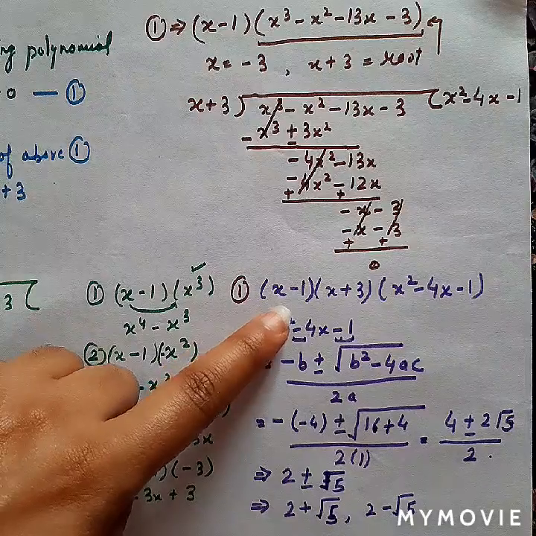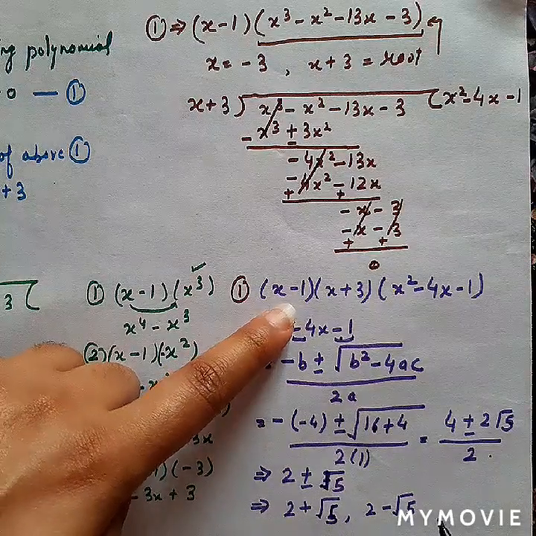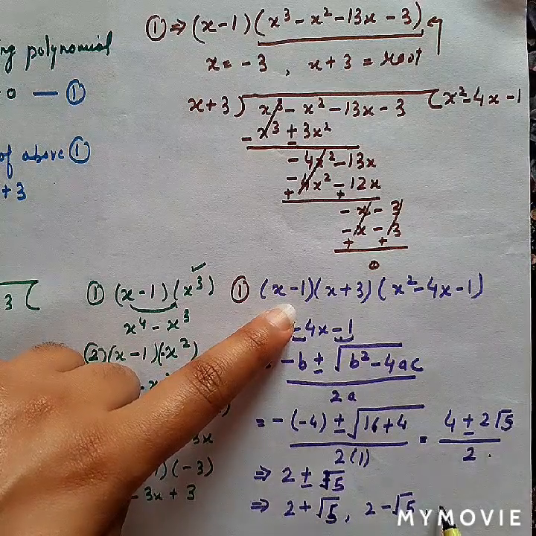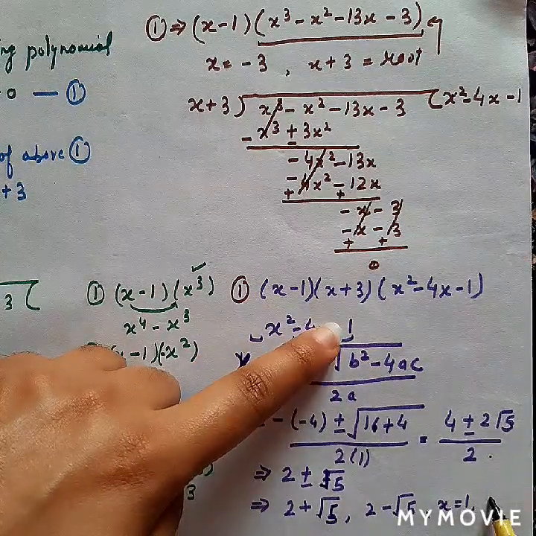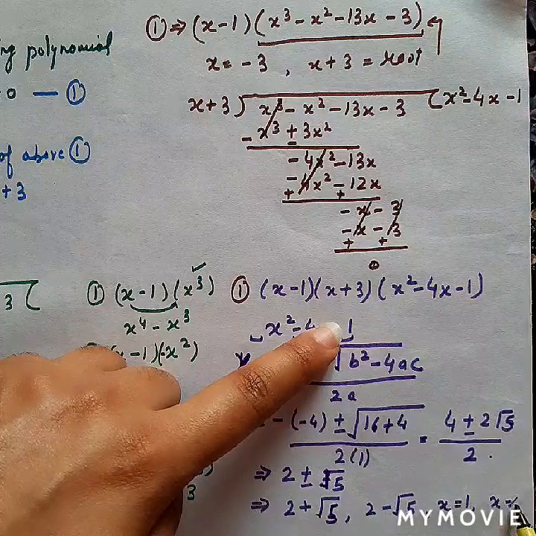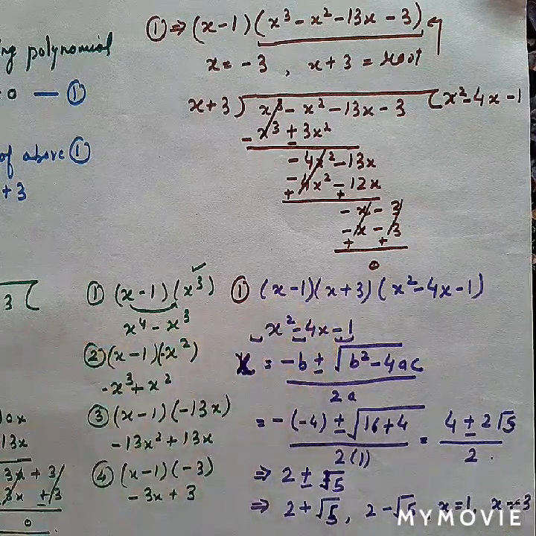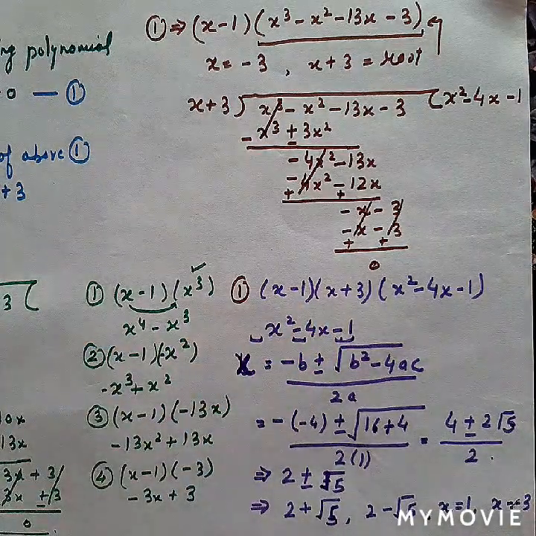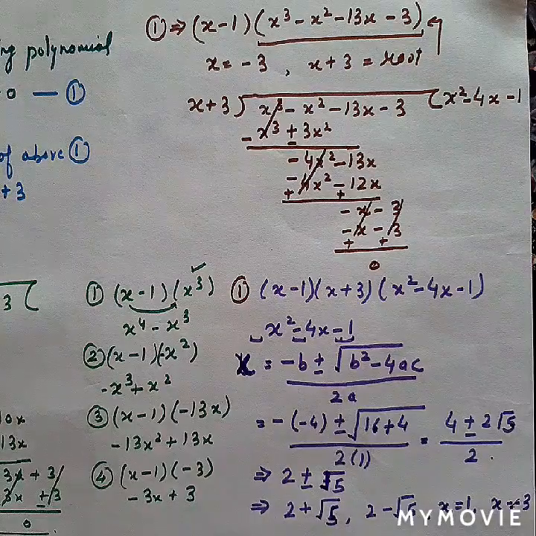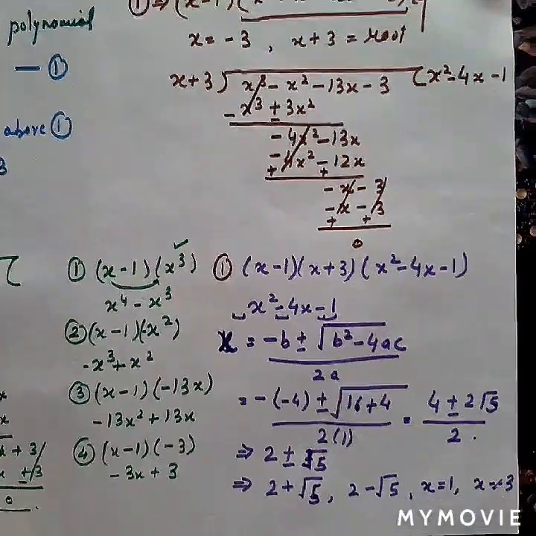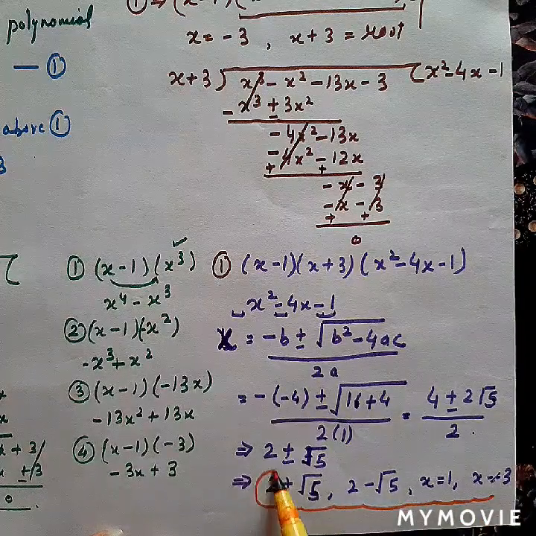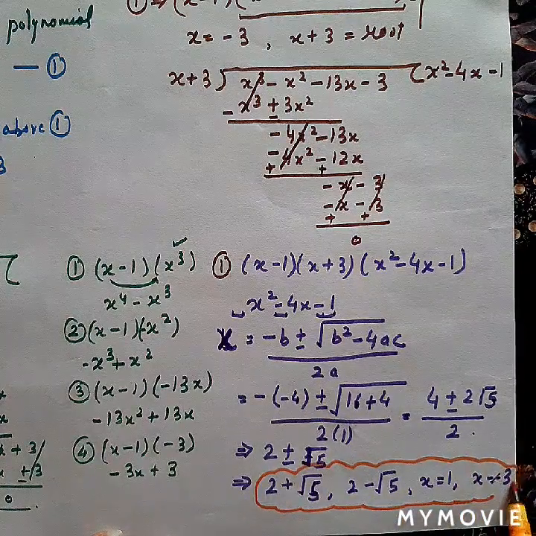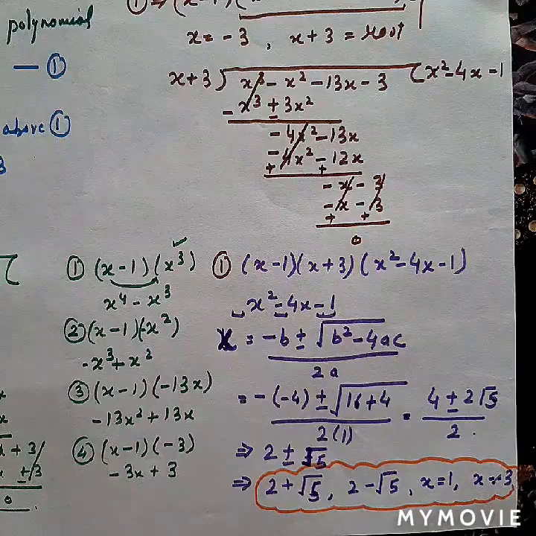As above, I have done x minus 1, so x is equal to 1 will be one root, x is equal to minus 3 will be one root. So at the end we can say that we got roots of this equation, which is equal to this much. After solving all, I got roots of this equation.